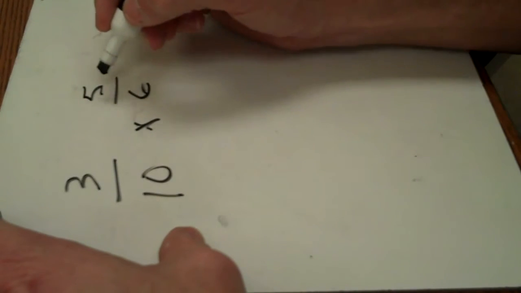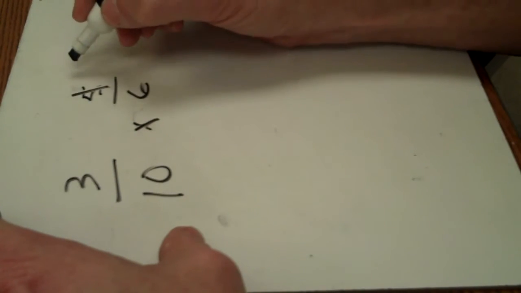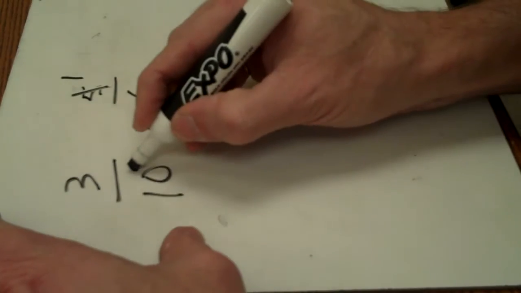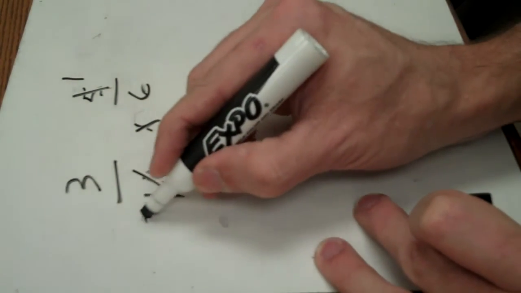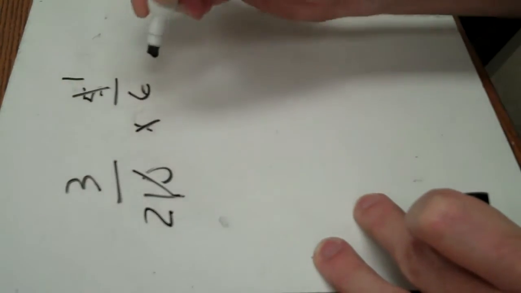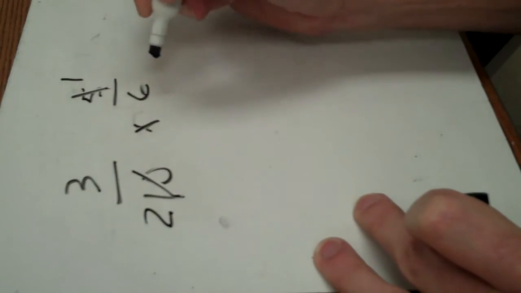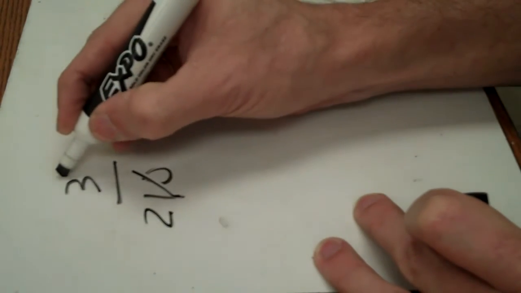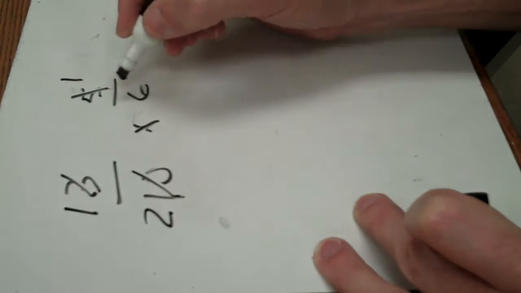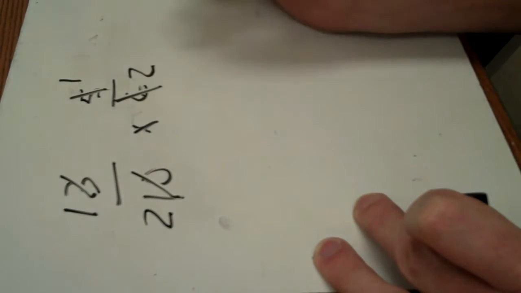Let's look at the 10 and the 5. 5's common, so if 5 is common, 5 will go into 5 one time, 5 will go into 10 two times. Let's look this way. 3 is common between 3 and 6. 3 will go into 3 one time, 3 will go into 6 two times.